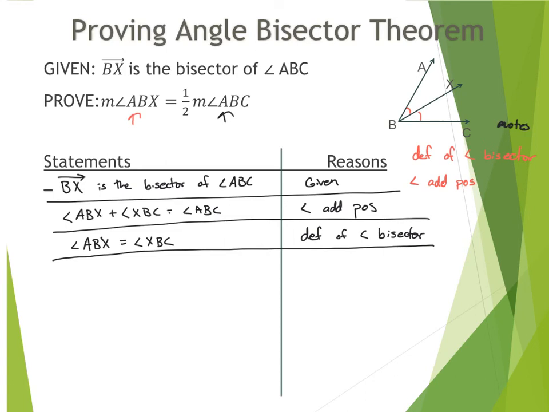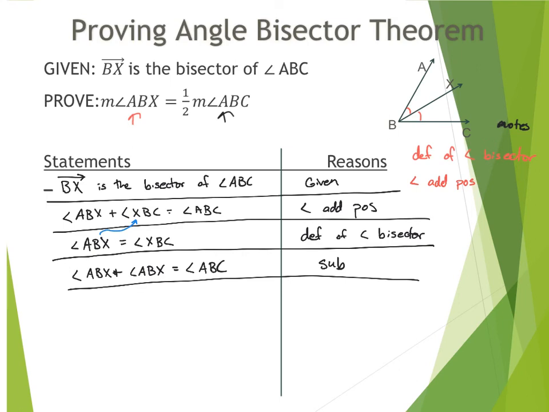So I'm going to plug angle ABX in for angle XBC because those two things are equal. Oops, plus. And I can do that because of the substitution property.